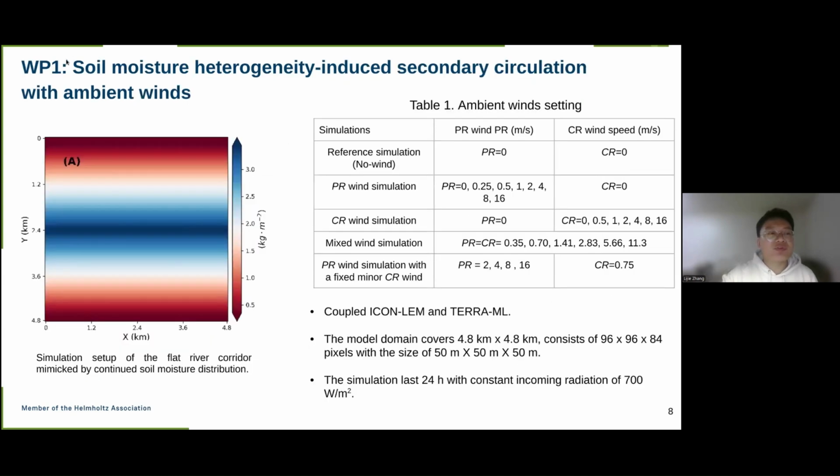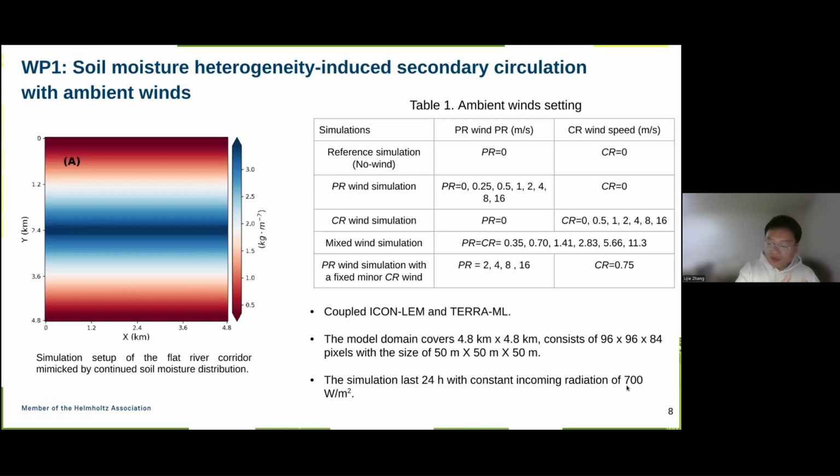So let's now move to my first work package, about soil moisture heterogeneity-induced secondary circulations with ambient winds. In these simulations, the setup is a flat river corridor mimicked by a continuous soil moisture distribution.